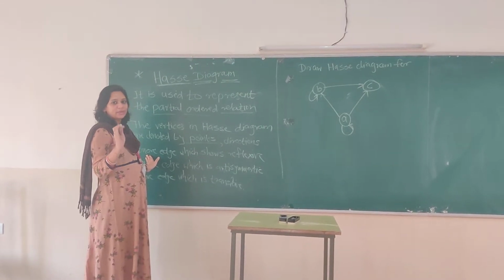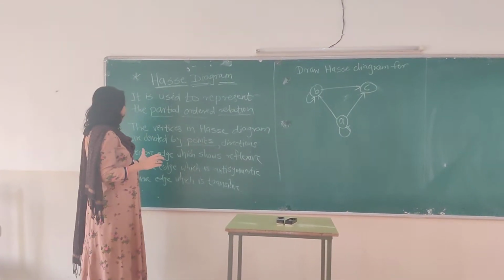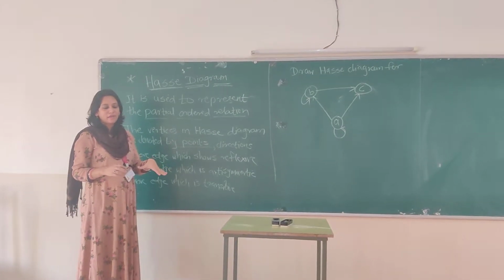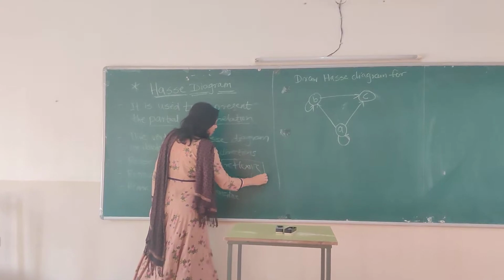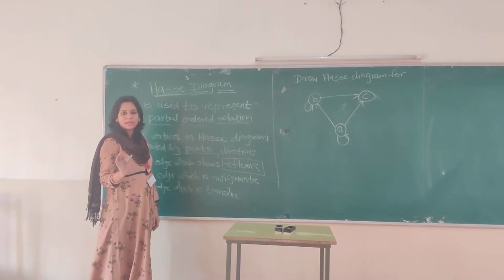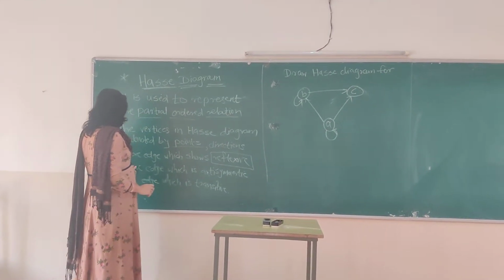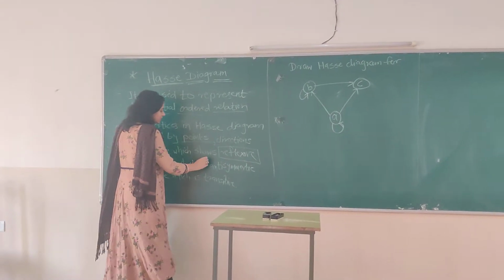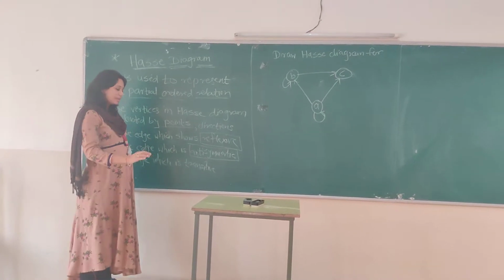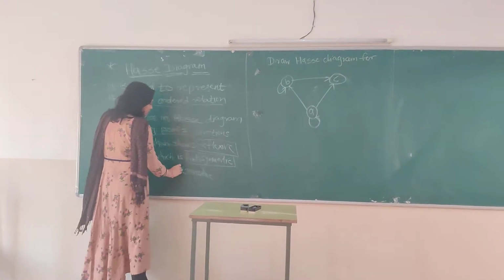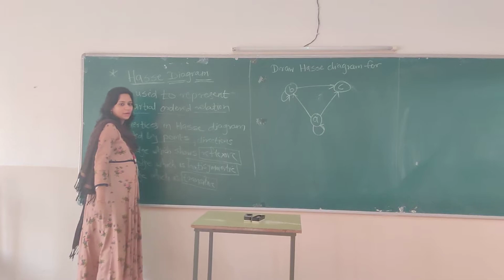Reflexive, antisymmetric and transitive. So from the particular diagram, we have to remove the edge which is satisfying the reflexive property. Then we have to remove the edge which is satisfying the antisymmetric property, and we have to remove the edge which is satisfying the transitive property.